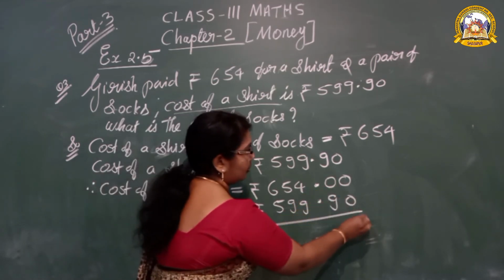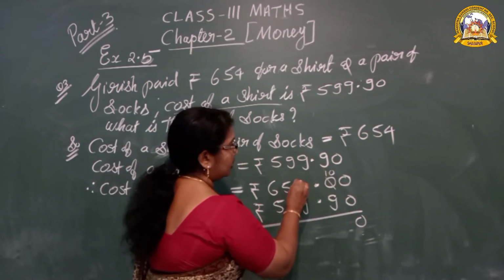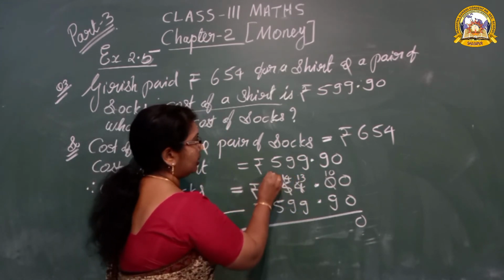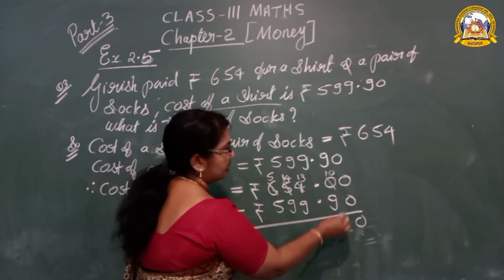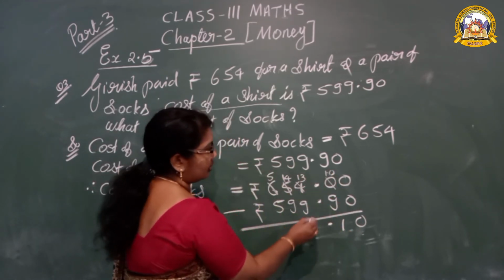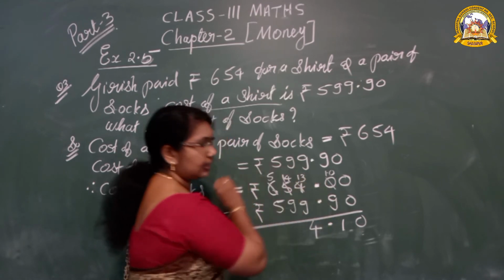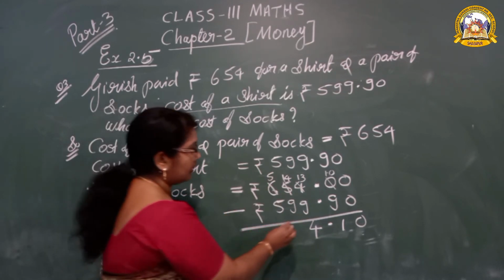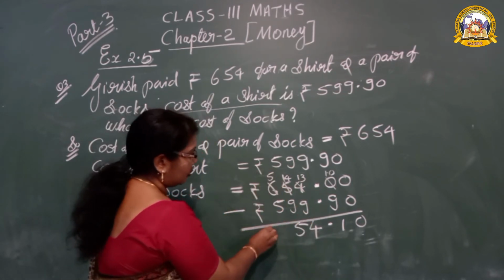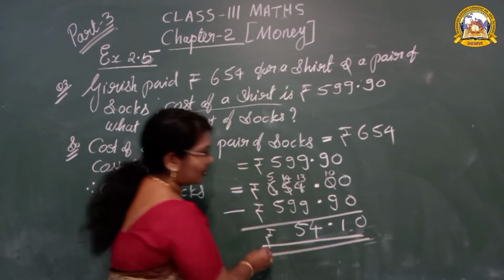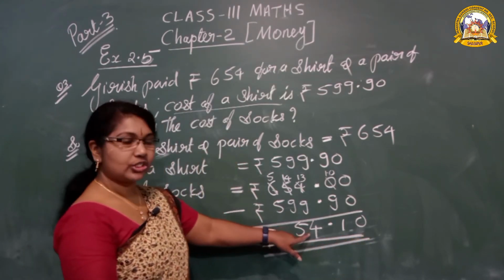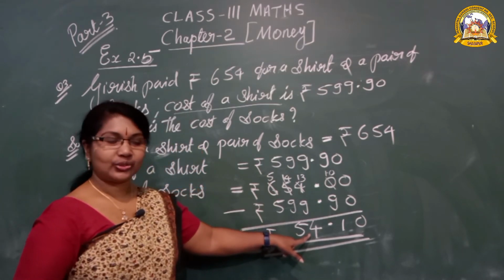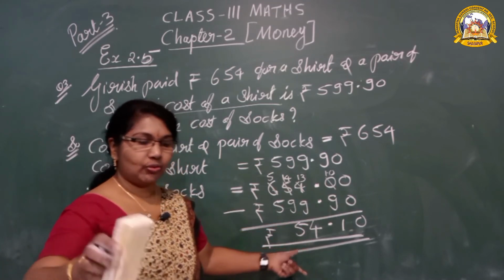Then here 0, this 0 became 10, this 4 became 13, 5 became 4, 14, here became 5. 10 minus 9, 1. 13 minus 5, 4. Don't forget to write the point here. 13 minus 9, 4. Now 14 minus 9, 5. 5 minus 5, 0. Can you say what is the cost of the socks? Socks cost is only 54 rupees 10 paisa. Understood, no? Now this is the same, the fourth one is homework.